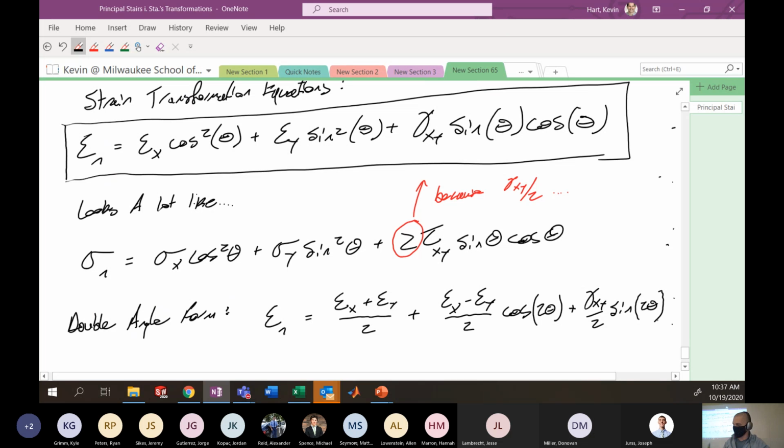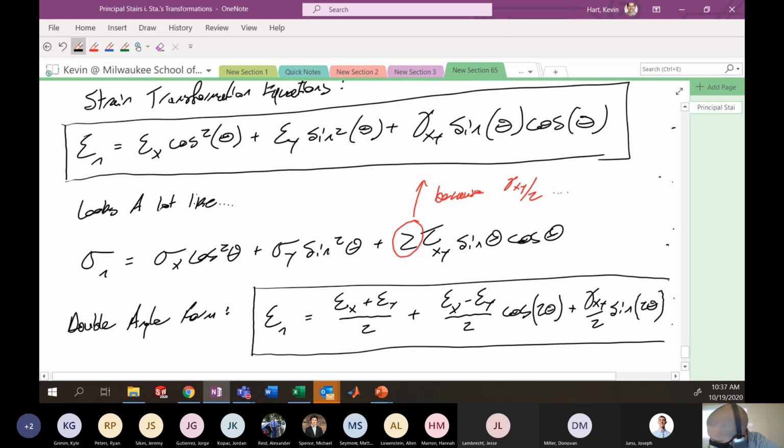Okay. And again, this looks an awful lot like the stress transformation equation, except for that floating factor of 2. So that's to determine what the strain is in the n direction.